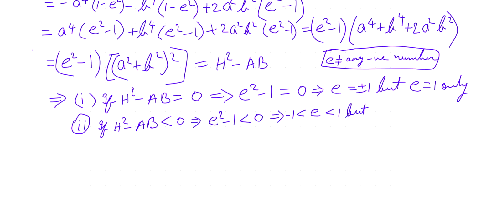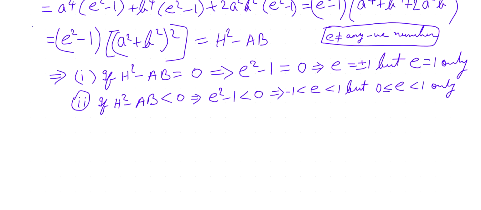But e is more than 0, less than 1 only, right? So this will give us ellipse. Some people are thinking, sir, eccentricity 0 is not ellipse. Yes, eccentricity 0 is not ellipse, but it is circle, and circle is similar to ellipse. Actually a circle is a special case of ellipse where a is equals to b. So this is the ellipse case.